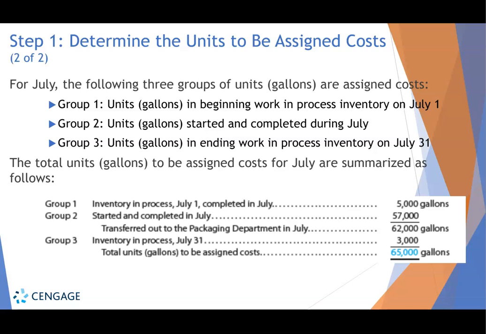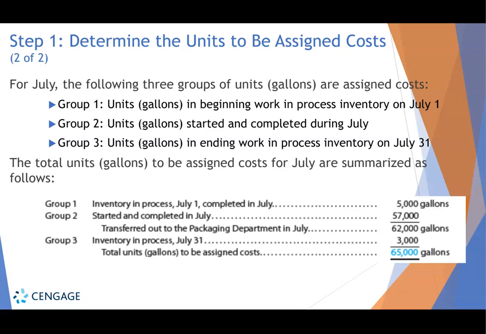For July, there are going to be 3 groups that are assigned costs. Group 1 is the beginning WIP inventory, what they began the month with. Then Group 2 are the gallons that were started and completed during July.